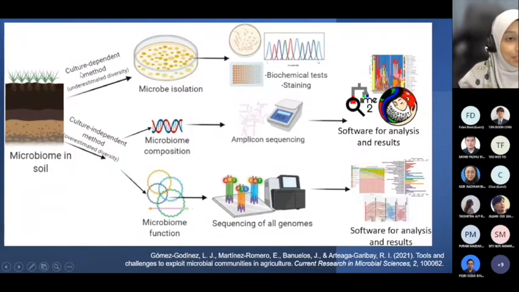Okay, so culture dependent methods and culture independent methods are tools that are being used, right? And I believe that these two methods should still be applied together, because with culture independent methods, we are able to identify those non-cultivable microorganisms and even the microbiome function.